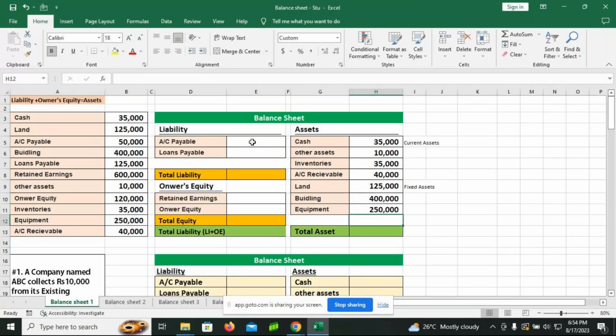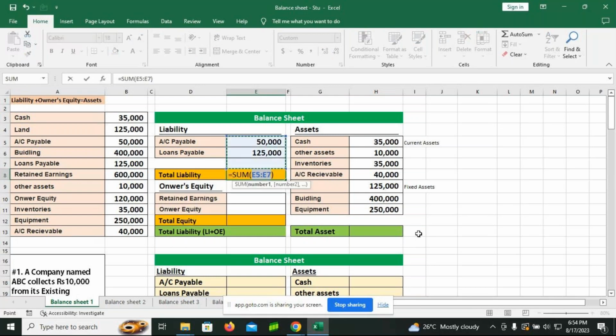Now this side account payable 50,000. Loans payable 1,25,000. So total liability, owner's equity 1,20,000.